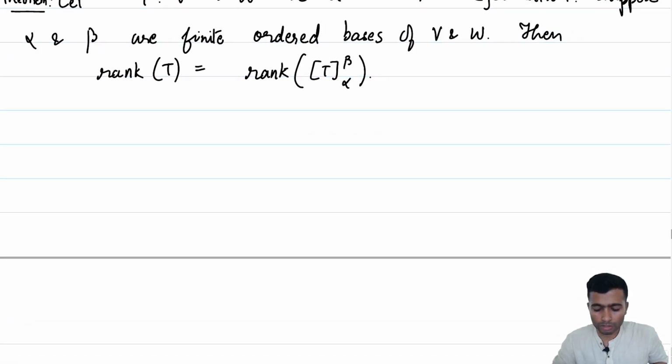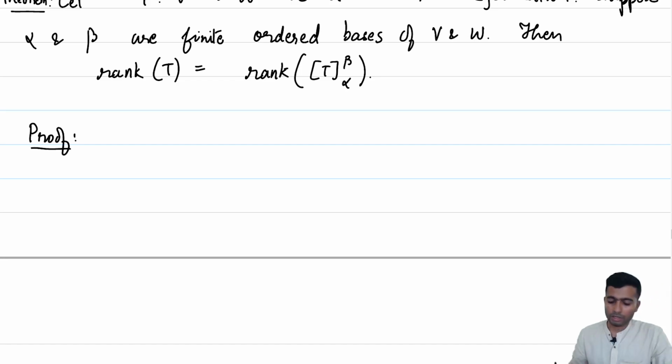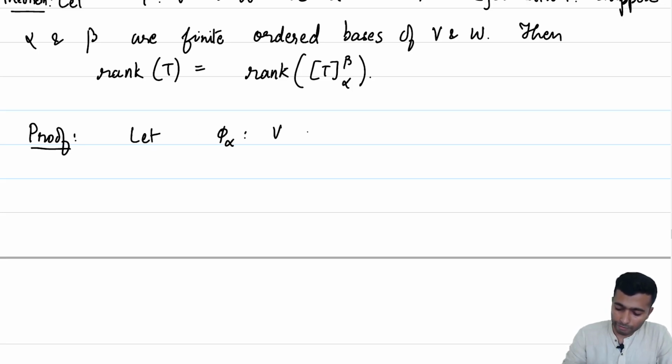Irrespective of what ordered bases alpha and beta you take and look at its matrix, the rank of T is equal to the rank of this matrix. So, let us give a quick proof of this. It is an elegant proof. We will first define, let phi alpha be a map from V into R n, where n is equal to the dimension of V.